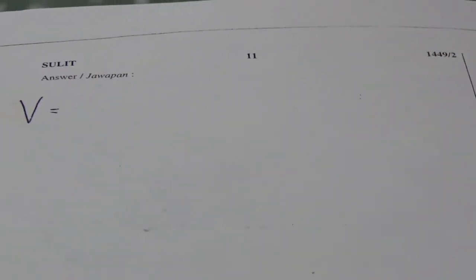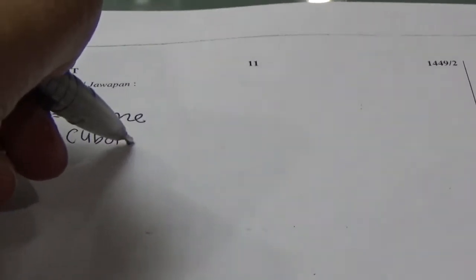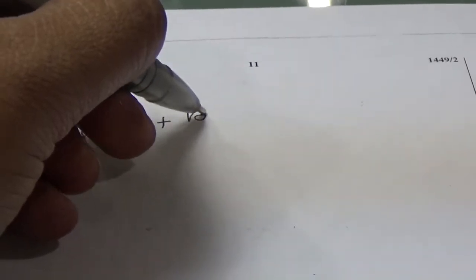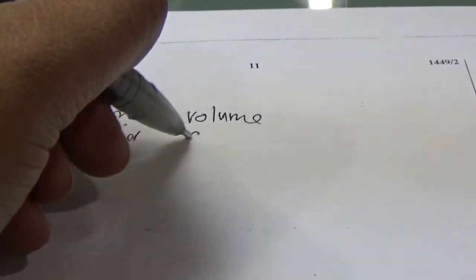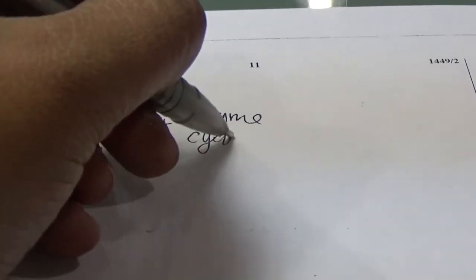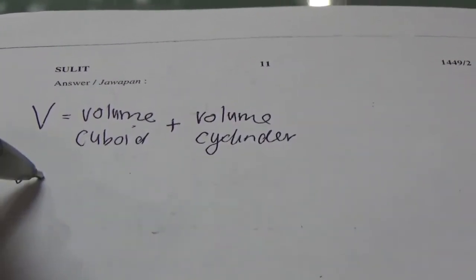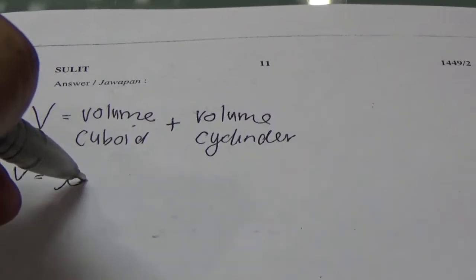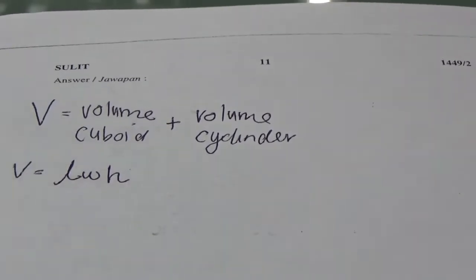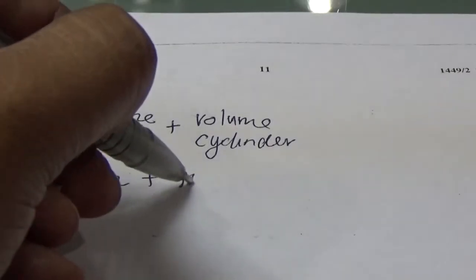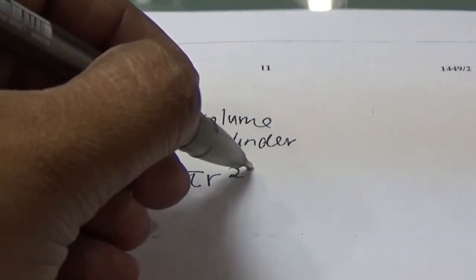So we know volume is volume of cuboid plus the volume of the cylinder. So we know volume of the cuboid is length times width times the height, and what is the volume for cylinder is pi r squared h.